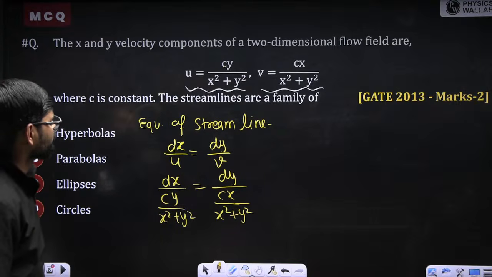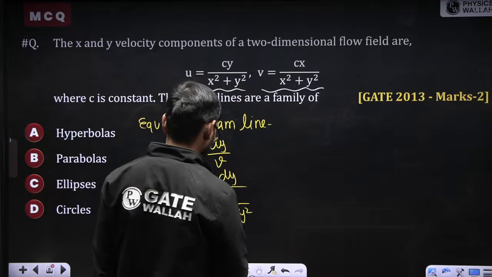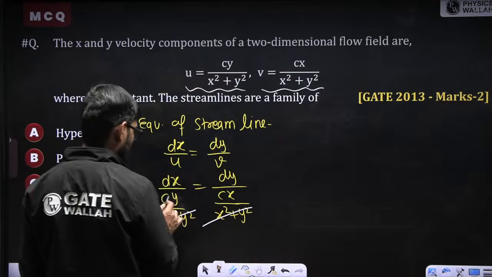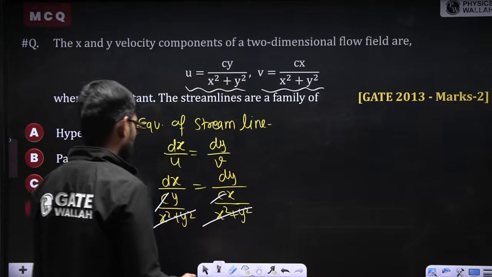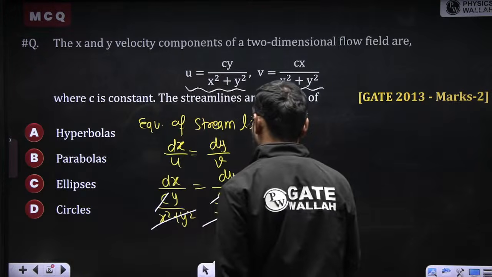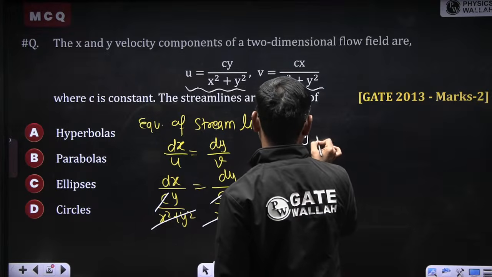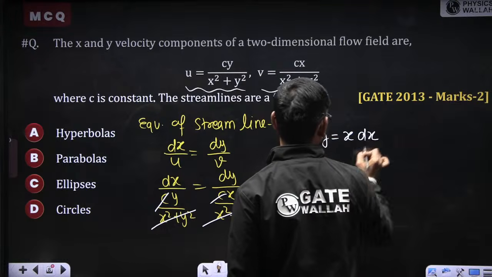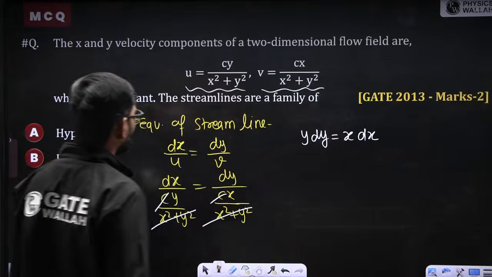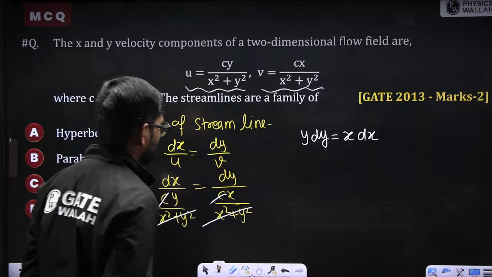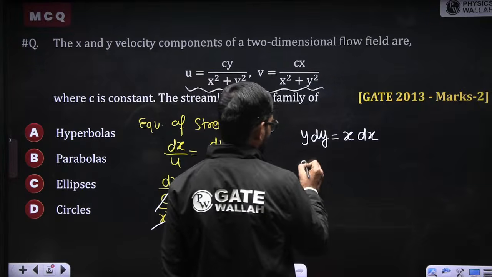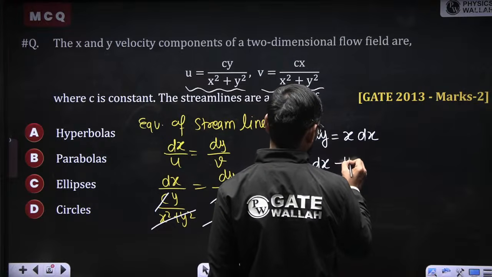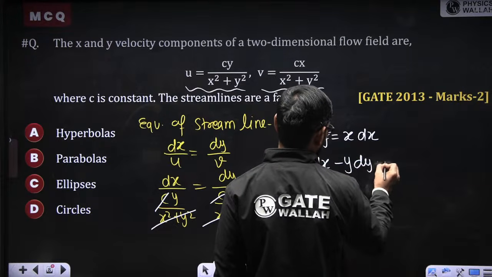Here, if you see, a few terms are going to be cancelled, x square plus y square, so you are going to get y dy is equal to x dx, that is, x dx minus y dy is equal to 0.